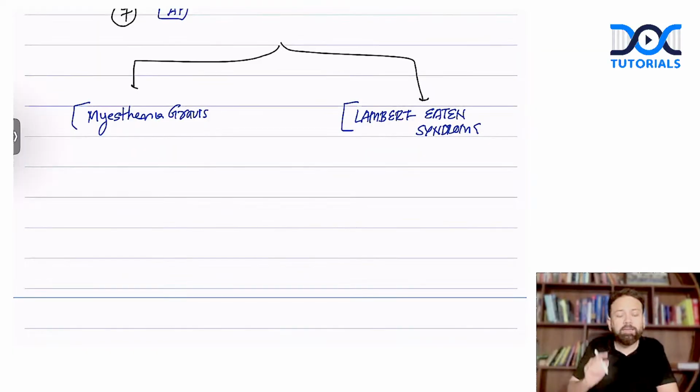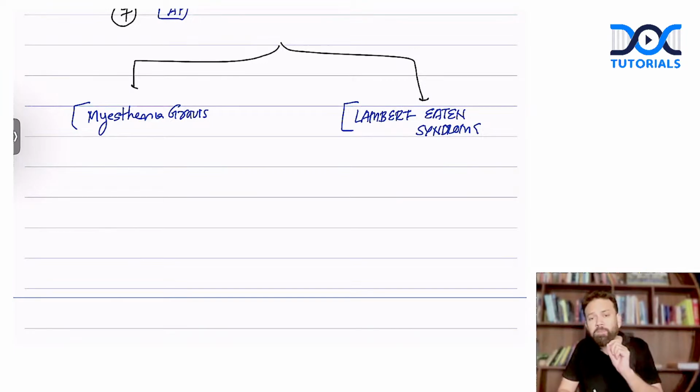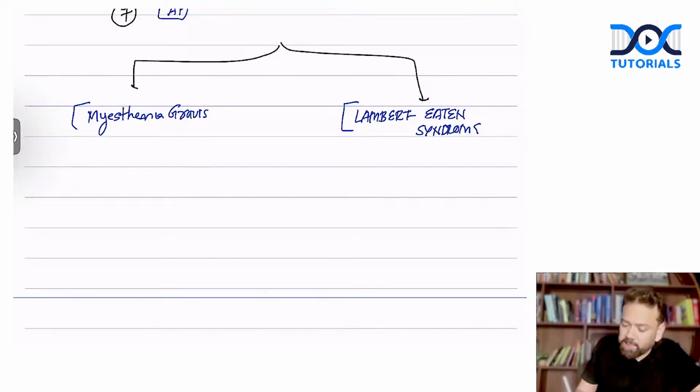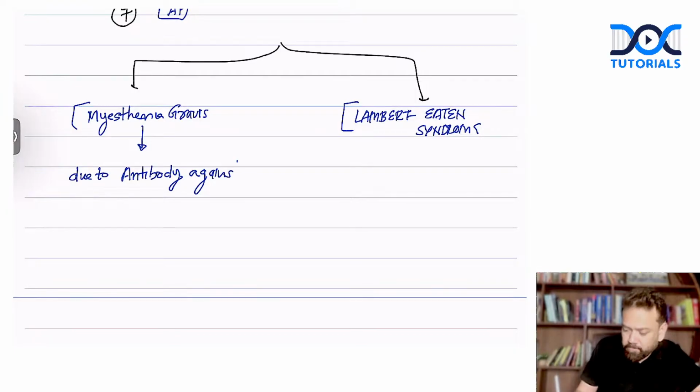Both these clinical conditions are based on your neuromuscular junction transmission. If you understand the basic physiology, only then you can make the diagnosis. So myasthenia gravis is due to antibody against acetylcholine receptor.